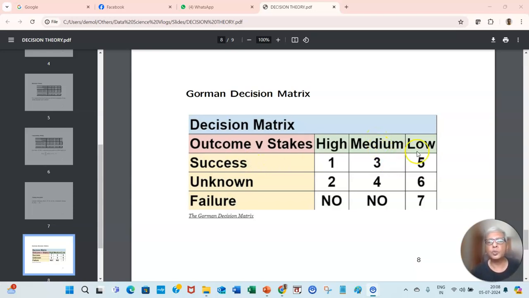Then comes success with low probability, then unknown with low probability. And the last option is when you are going to have a failure with low probability, that gives priority 7, and these two are clearly no. Failure with high probability and medium probability are, of course, a no choice. So this is the Goldman decision matrix which we use in our daily life.